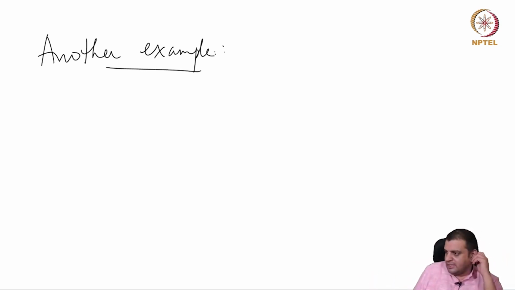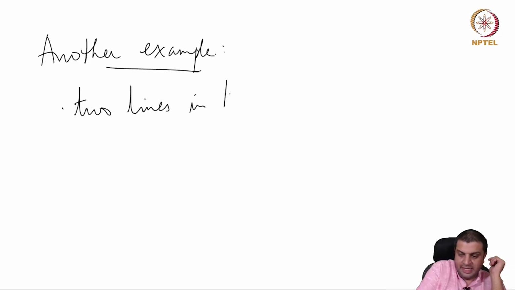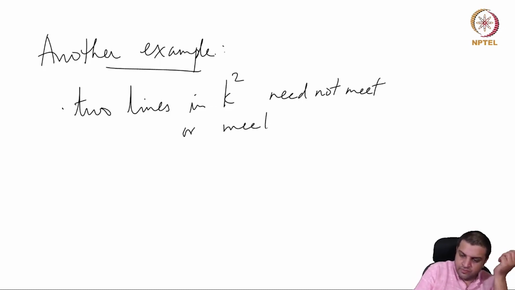Okay. So another example is if you take two lines in K2, they need not meet, or they meet in one point.